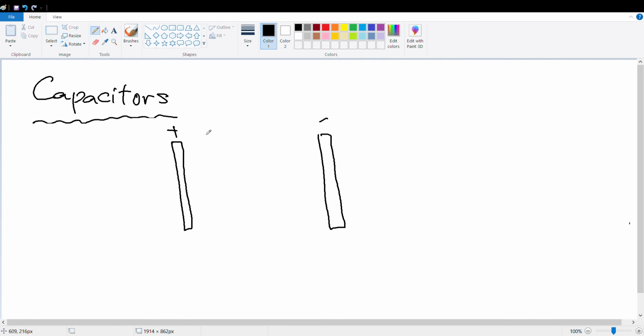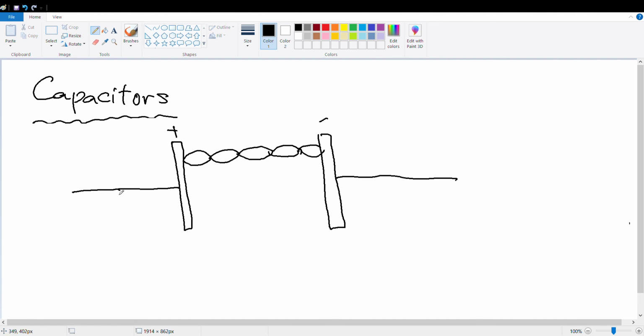Let me erase this dielectric. We know that the dielectric is made out of millions of atoms or molecules. So assume this is a molecule of the dielectric. In this case, we are going to describe a charged capacitor, which is attached to the power supply.